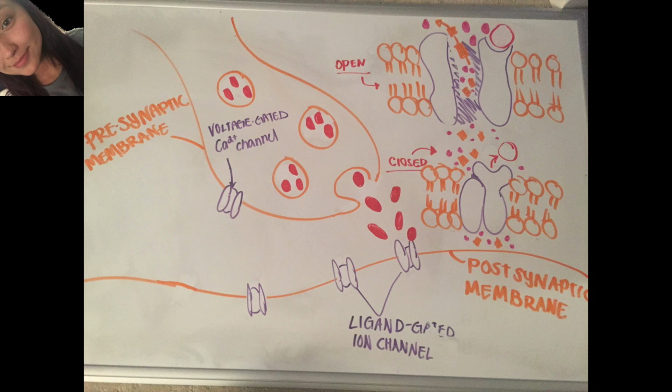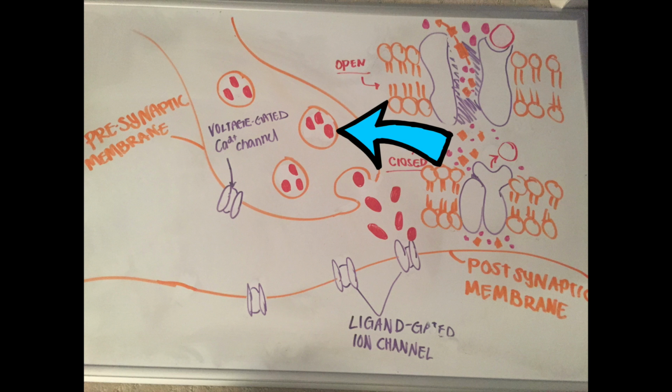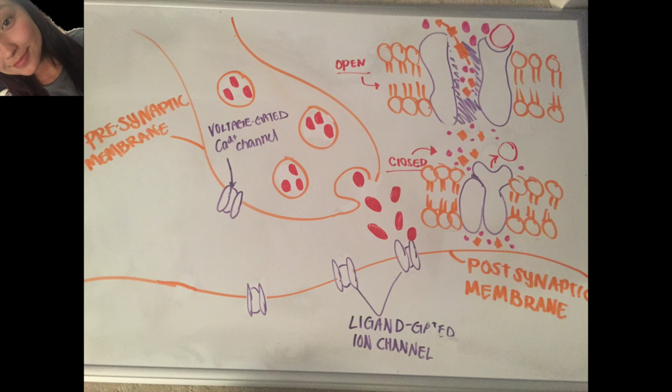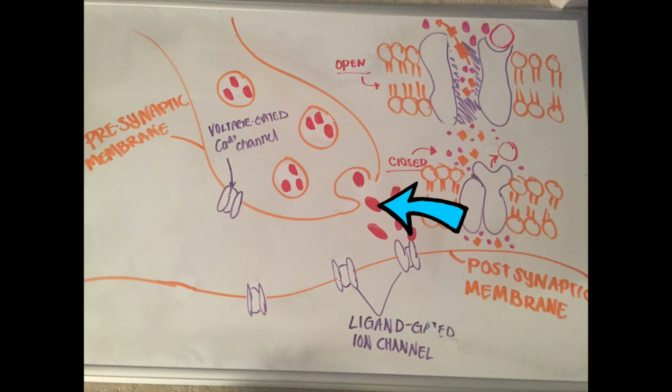the action potential. This action potential, therefore, causes an influx of calcium into the presynaptic membrane. This influx of calcium also promotes the fusion of a vesicle, the orange circles, which contain the red little circles, which represent neurotransmitters.